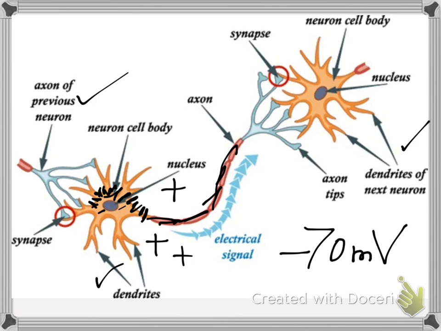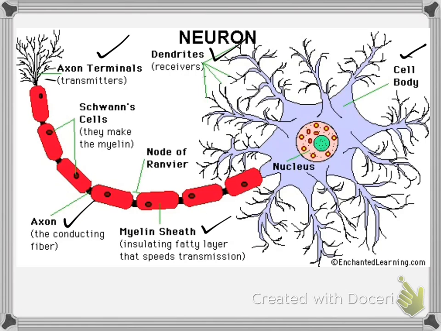all the way through. Now, remember I told you I'd talk to you about the nodes of Ranvier and the Schwann cells. So on this neuron, imagine that each chamber, each little gateway on the cell wall is happening. It gets all the way here to the axon, and it goes really, really fast right here. Well, these nodes of Ranvier are the spaces in between the myelin cells, or the Schwann cells, which make the myelin.